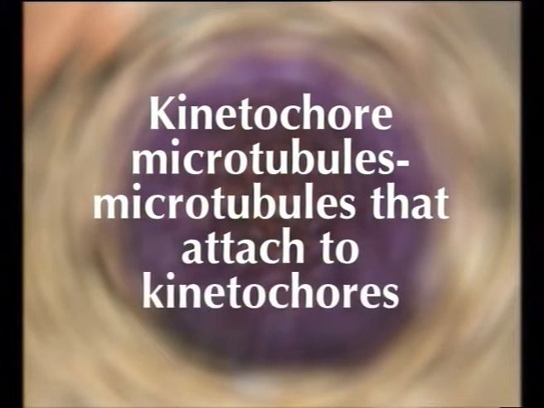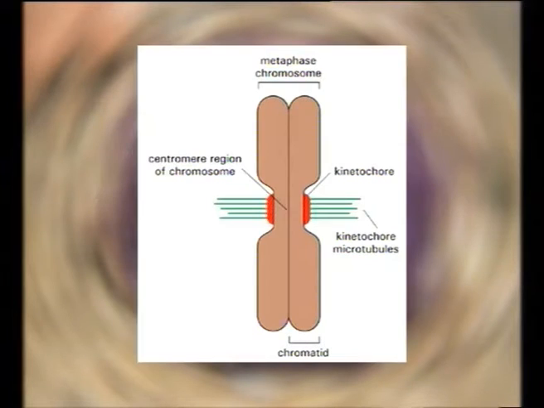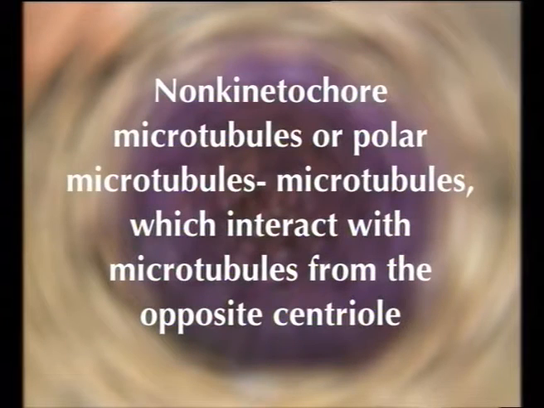Microtubules that attach to the kinetochores are known as kinetochore microtubules. Other microtubules that interact with microtubules from the opposite centriole are called non-kinetochore microtubules or polar microtubules.